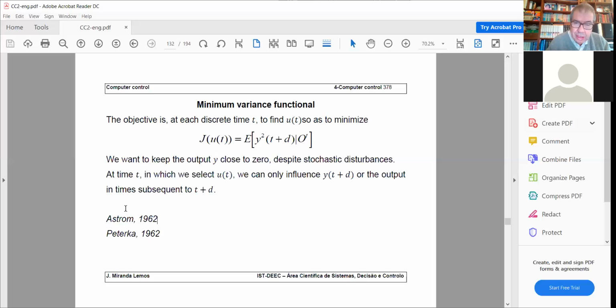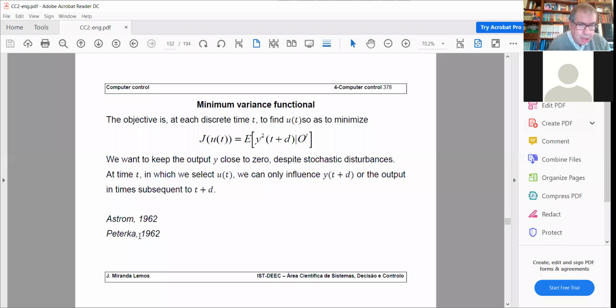But if you are considering space problems, then the state is quite natural. It's the position and velocity of all independent moving particles. So you have this interplay between social effects and economic effects and the type of science that you do.